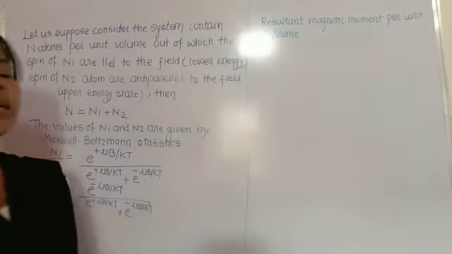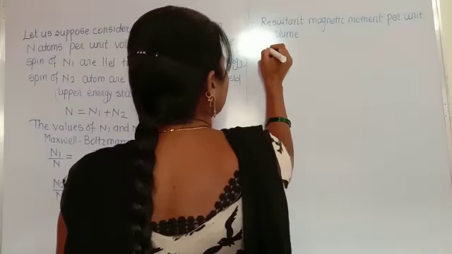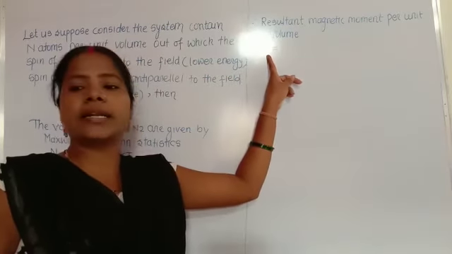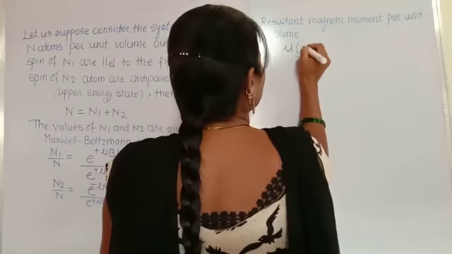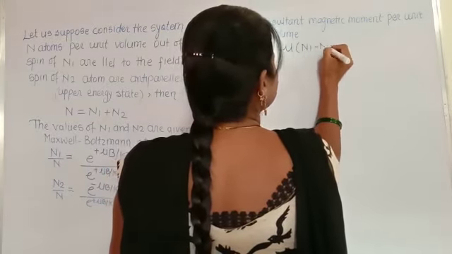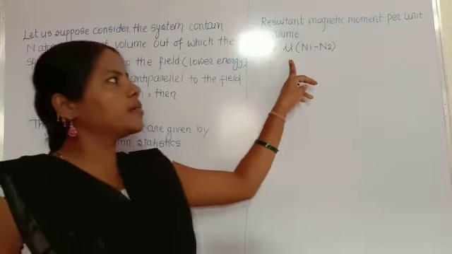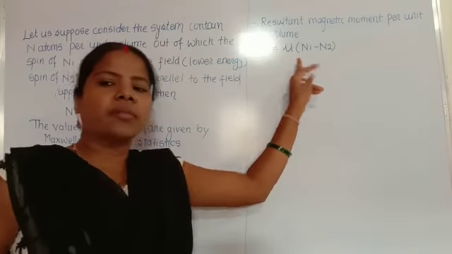The resultant magnetic moment per unit volume is denoted by capital M, and M is equal to mu times (n1 minus n2). So this is the formula for calculating the resultant magnetic moment per unit volume.